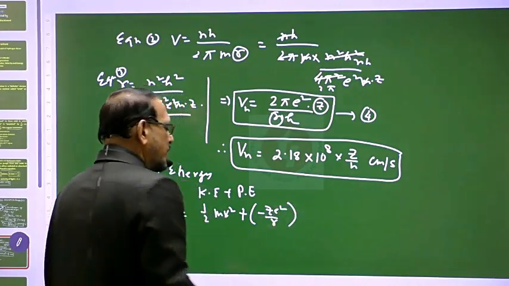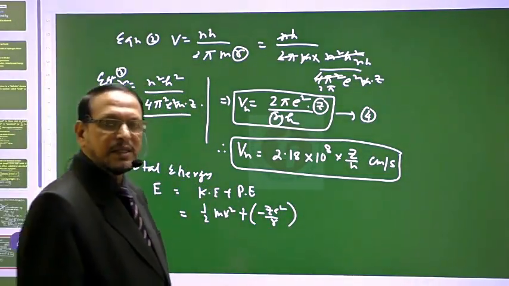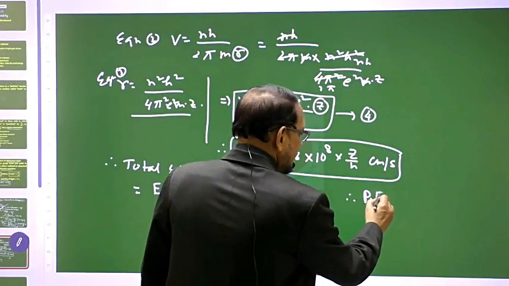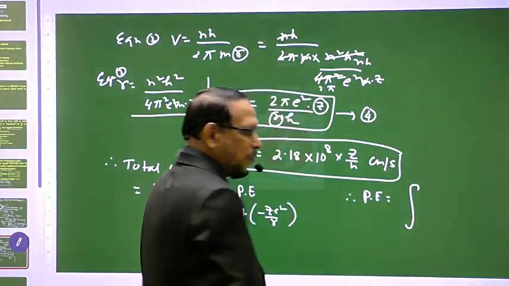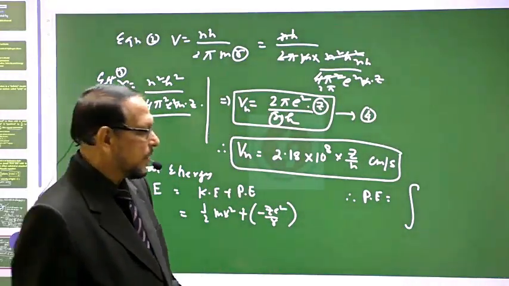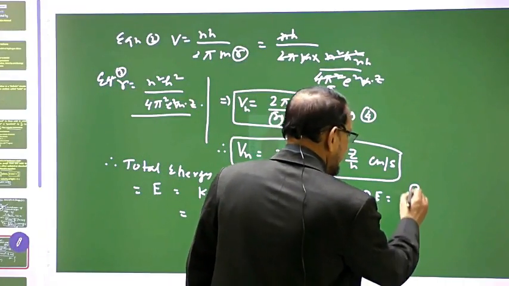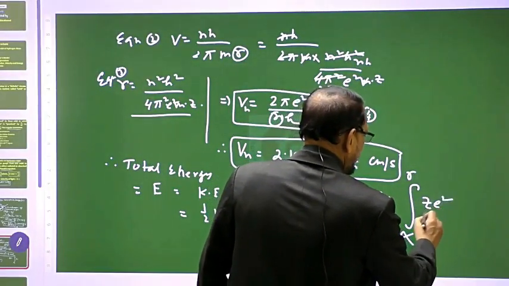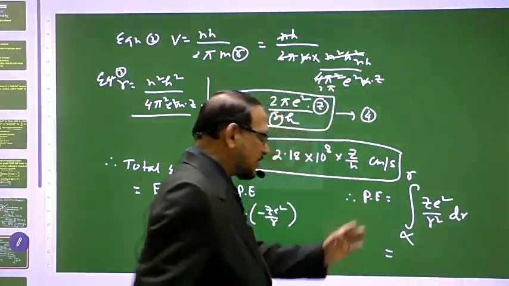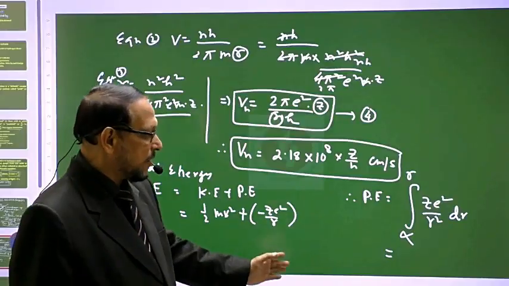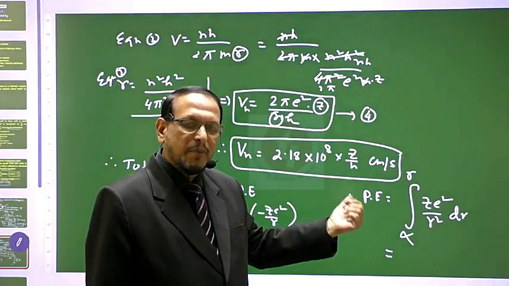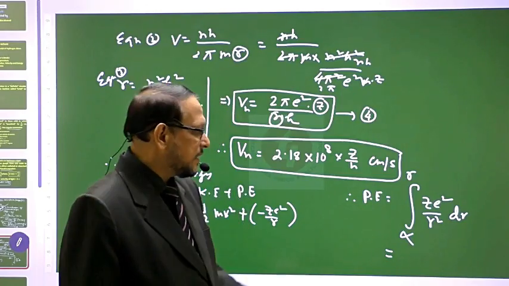R. How is the potential energy coming as minus Z square by R? The potential energy is the energy when we bring an electron from infinite distance to that orbit. When we bring an electron from infinite distance to that orbit, the amount of energy required is the potential energy.